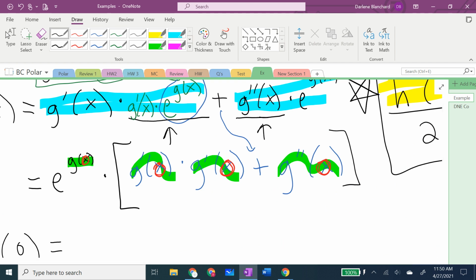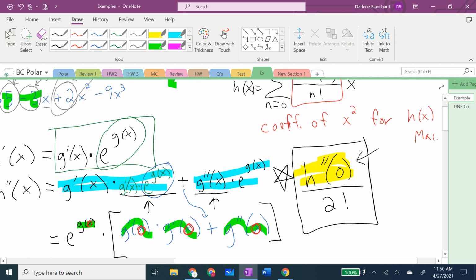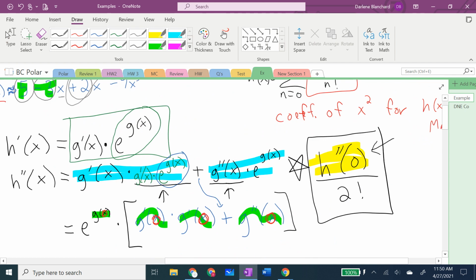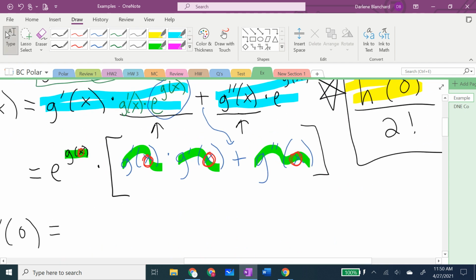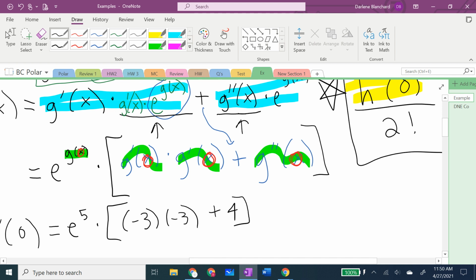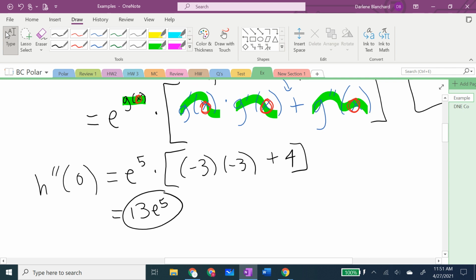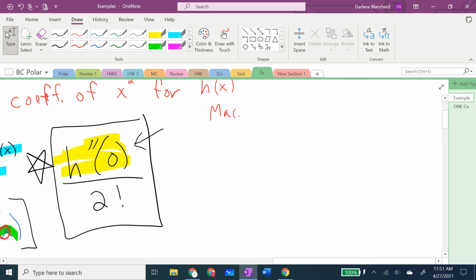Oh, but no, actually, I'm not good to go yet. That's right, there's more. So hold on. That was 5, negative 3, 4. So 5, negative 3, and 4. So 9 plus 4 is 13. This is the answer to h double prime of 0, but the coefficient is h double prime of 0 divided by 2 factorial.